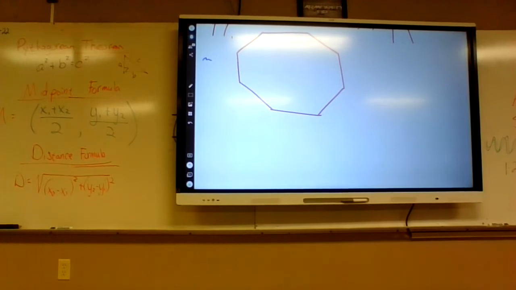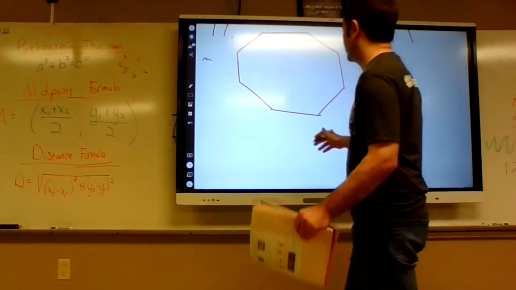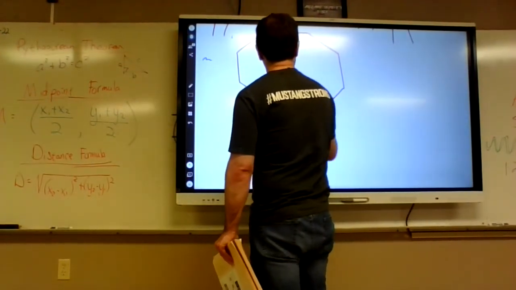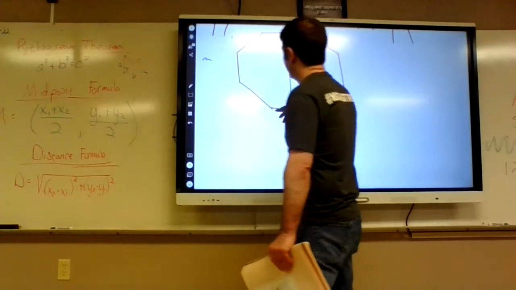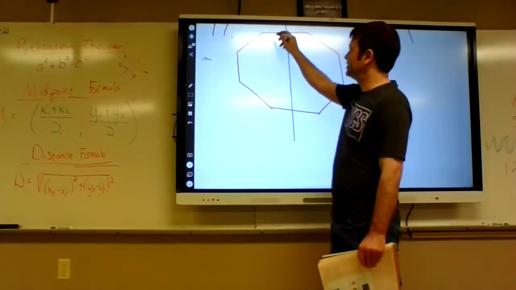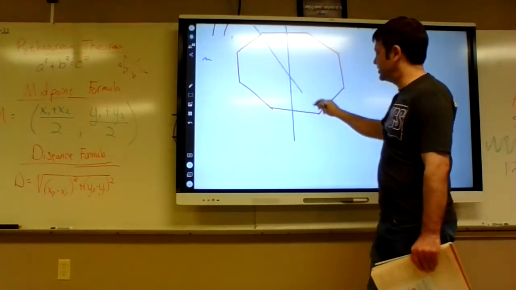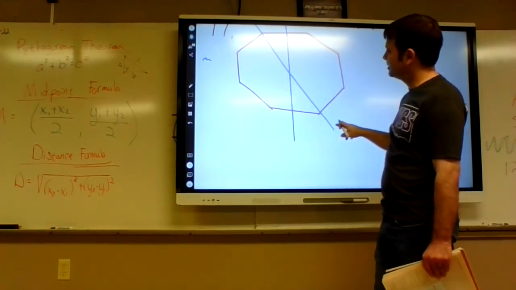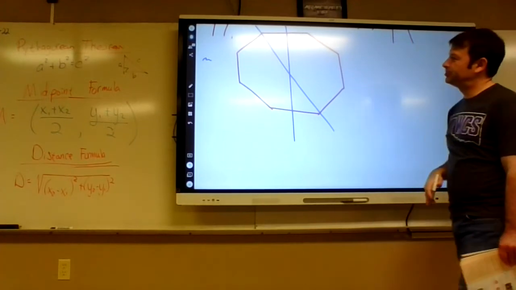So we're supposed to draw lines of symmetry. Definitely down the middle, right? So here's the important question. Are the diagonals lines of symmetry? Yes, they're supposed to be.